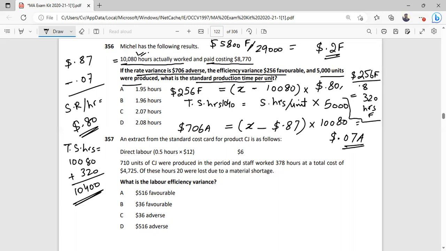10,400 is equal to standard hours per unit into 5,000. Now you can calculate standard time per unit by dividing 10,400 by 5,000. So standard time per unit is 2.08. This is the right answer.